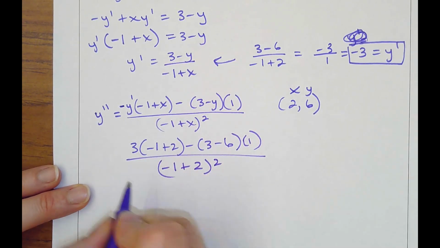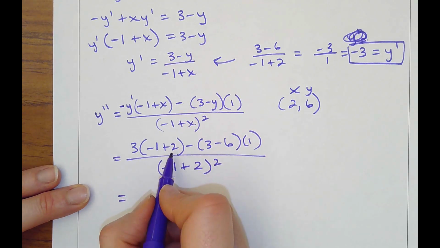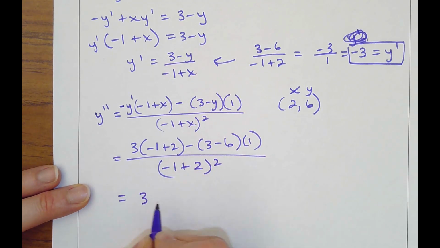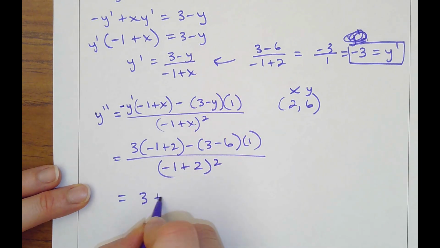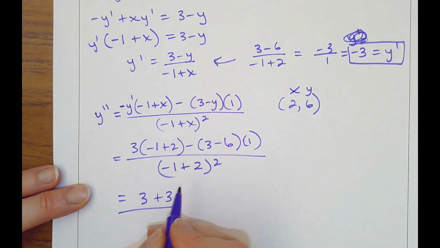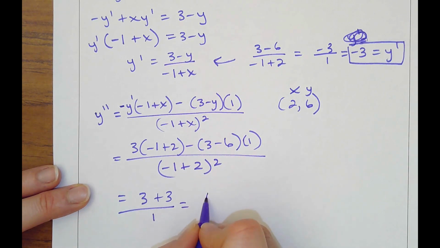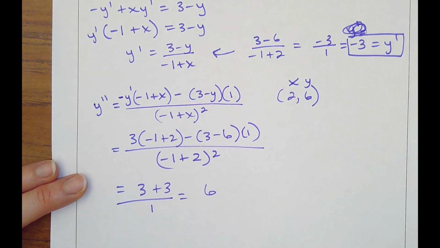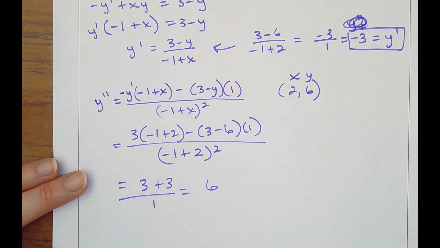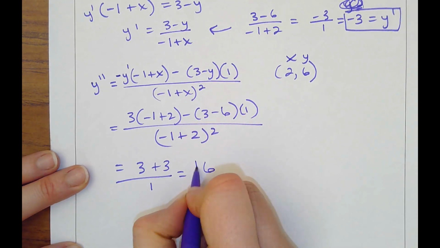I just don't want to make a mistake. That would be 1 times 3 is 3. That would be 3 minus 6 is negative 3, times the negative would be positive 3. That would be 1 squared is 1. So it would be 6. Easy enough. And that's all they're wanting, is just a specific number. And so our answer is 6.